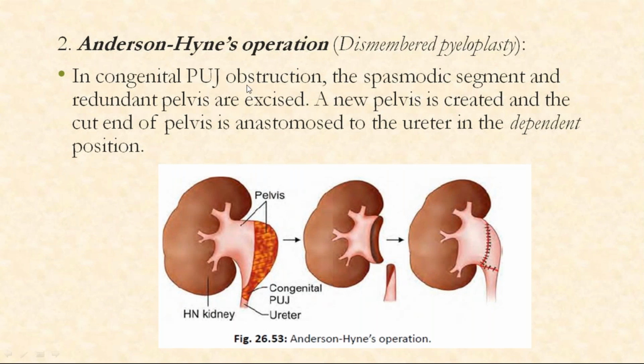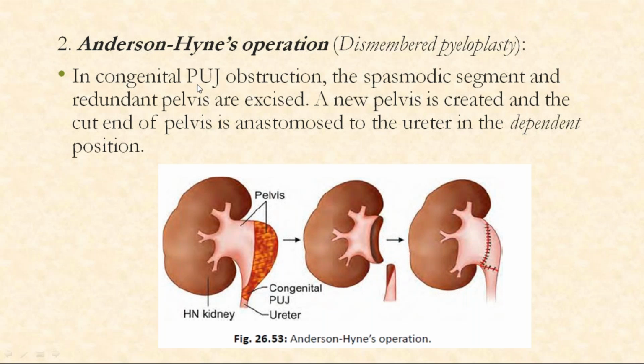So the other procedure is the Anderson-Hynes operation. It is a dismembered pyeloplasty. Here the renal pelvis is enlarged. The renal pelvic wall, the enlarged part, is cut down, and we anastomose it like this. This is called the Anderson-Hynes operation.